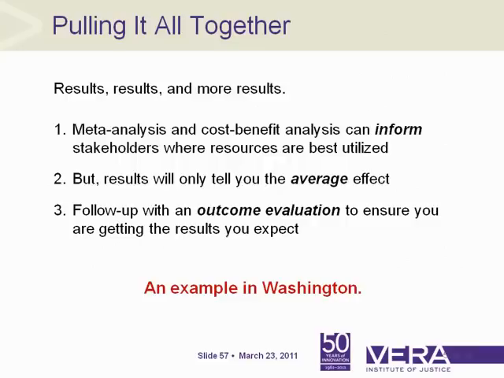Back then the Institute did a meta-analysis and a cost-benefit analysis to see what programs are effective and give you the best bang for your buck. That meta-analysis found a couple of programs, like functional family therapy and aggression replacement training, for example. And so the state decided, okay, let's fund these programs.